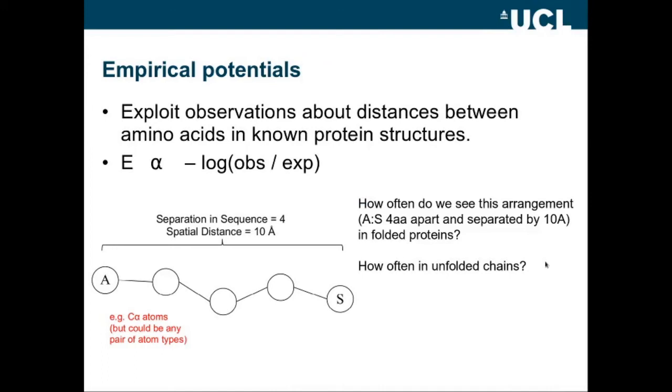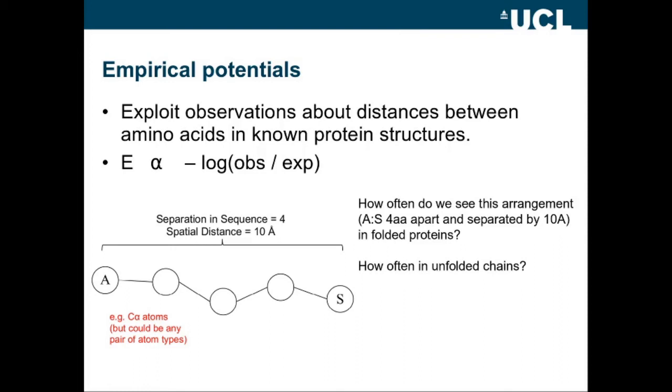Given these problems with using normal potentials, how can we improve on that? Well, the answer, as again I mentioned in the previous lecture, is to use what's known as an empirical potential. This is derived from observation of protein structures. So we exploit information about distances between amino acids in known proteins.